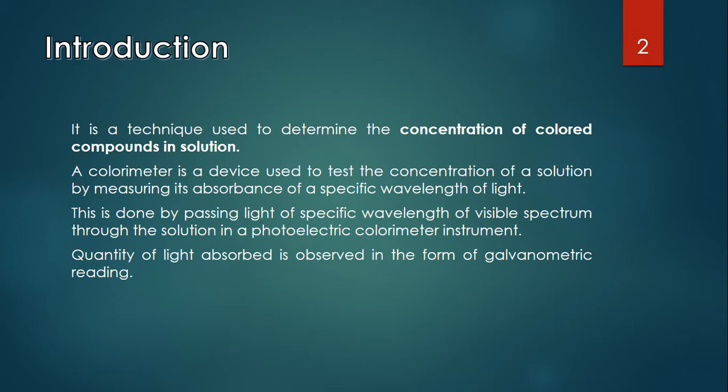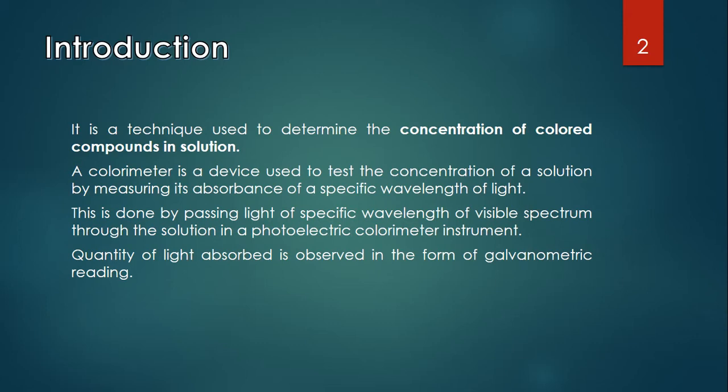This is done by passing the light of specific wavelength of visible spectrum through the solution in a photoelectric colorimeter instrument. So visible spectrum refers to the wavelength ranging from 400 to 800 nanometer. Light corresponding to 400 to 800 nanometer is allowed to pass through the solution which is to be determined.